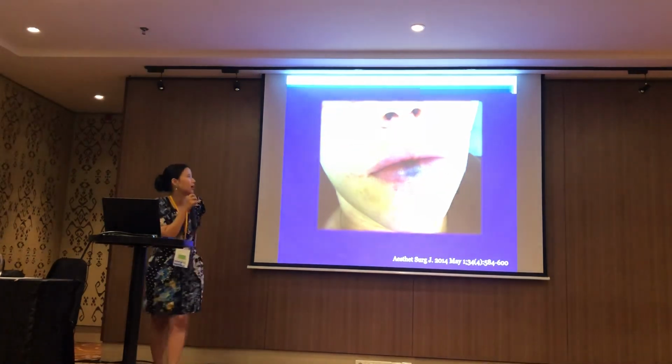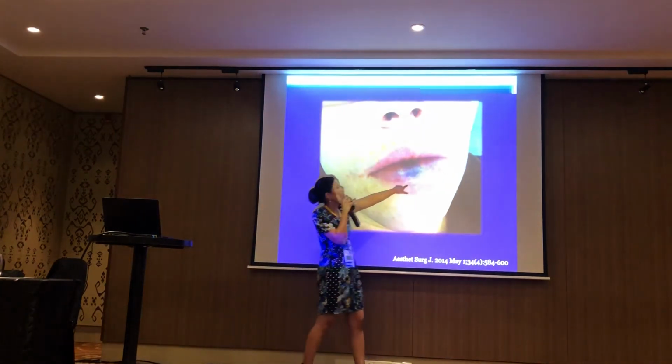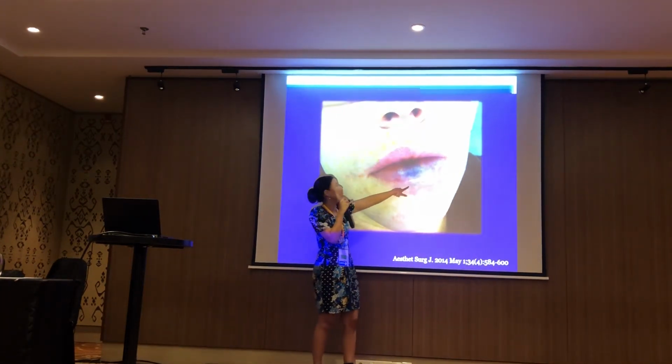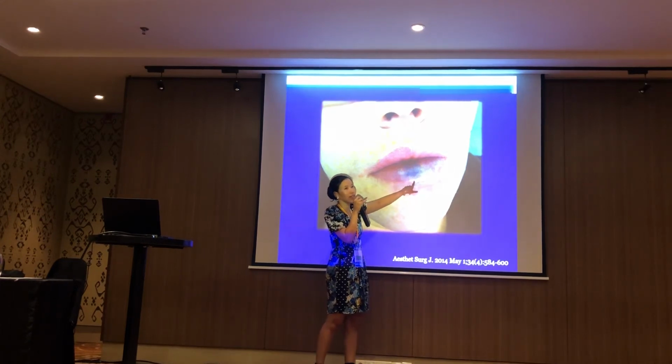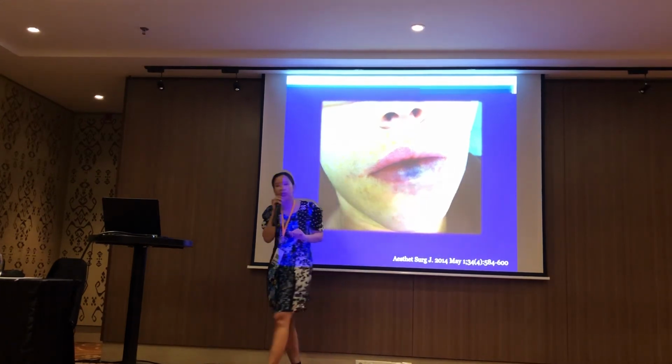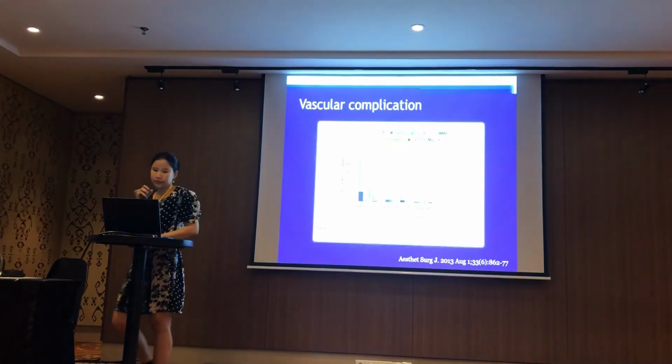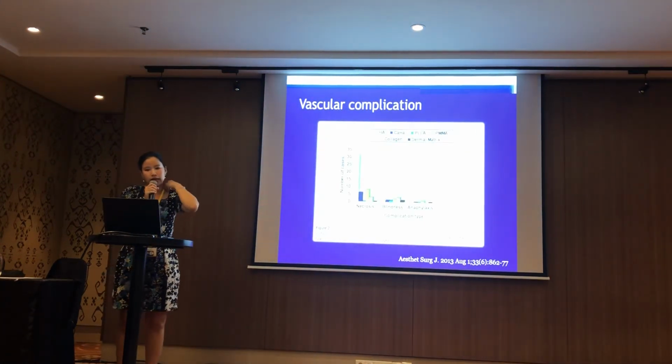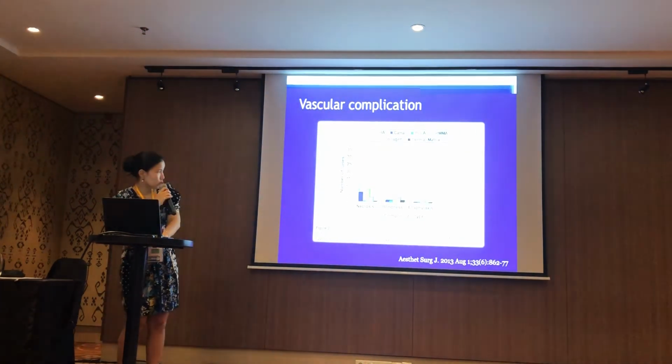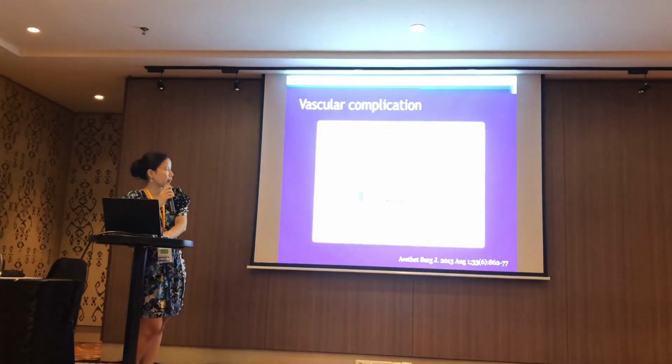See? This is swelling here. And this has bruising here. This is the vascular complication. The most common vascular complications are necrosis, blindness, and then anaphylaxis.